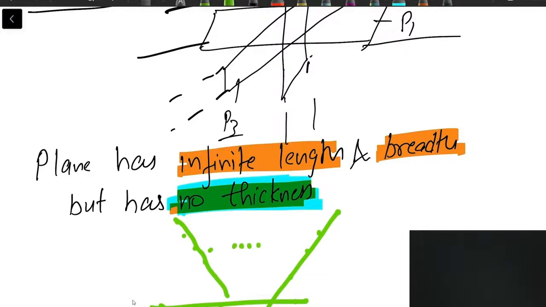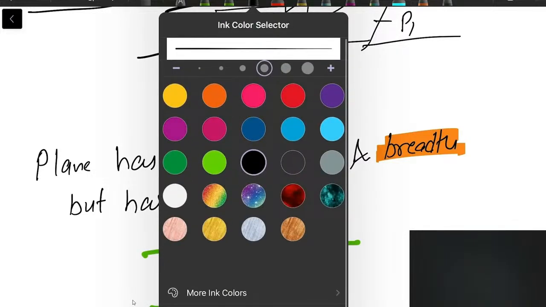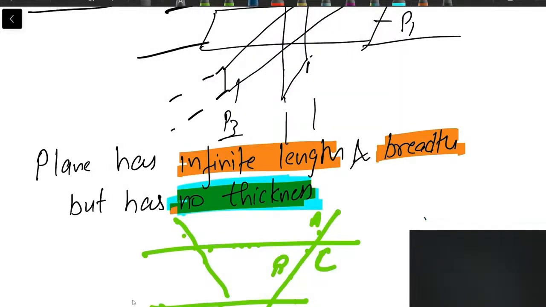If I have 4 points like this, this is another plane. So this is an example of a plane. This is A and B, this is C and D and E. The point I want to tell you is how we represent this. These are the 3 points: one, two, three. Any three points you can take and combine them, and it will become a plane.